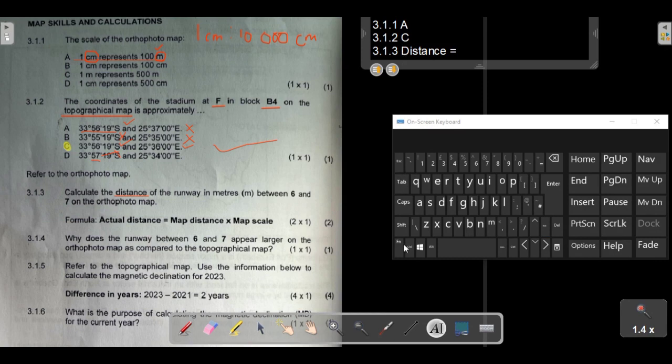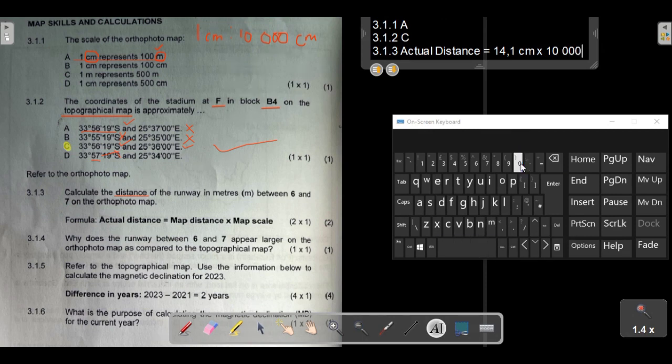So the actual distance, the real distance, is equal to the map distance, which we found as 14.1 centimeters, multiplied by the map scale. Remember this is an orthophoto map, so the map scale of course is 10,000.